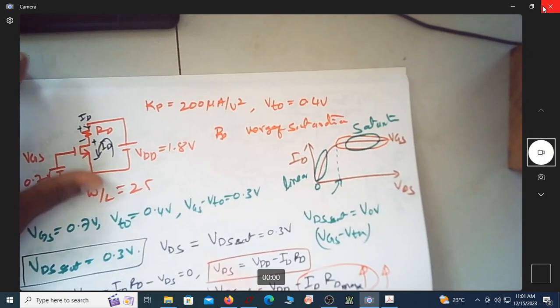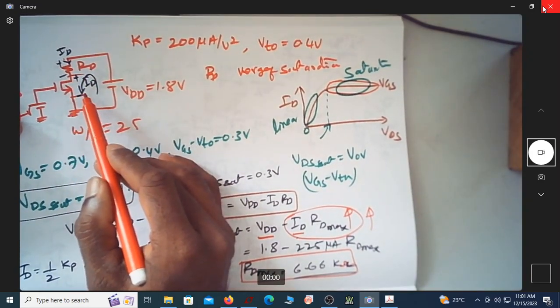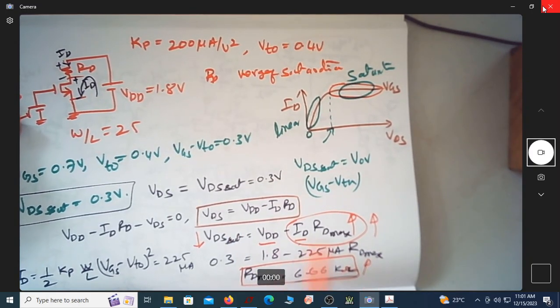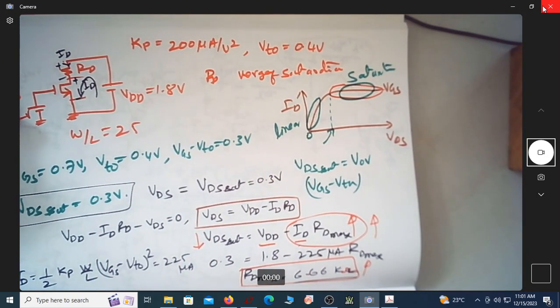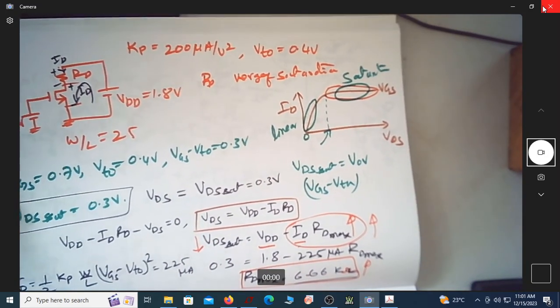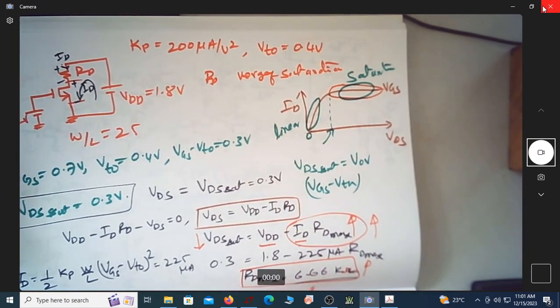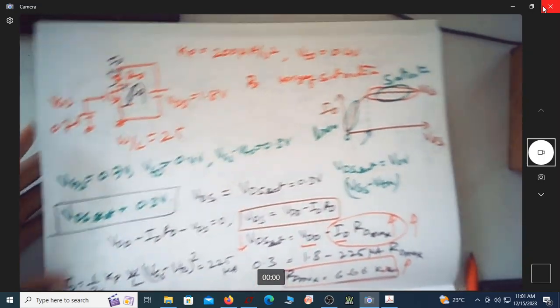If the value of RD is 6.66 kilo ohm, then this will be exactly 0.3 volt. If the value goes beyond this, then this VDS will go less than 0.3, so the MOSFET will go into the linear region. So verge of saturation corresponds to RD equal to 6.66 kilo ohms.